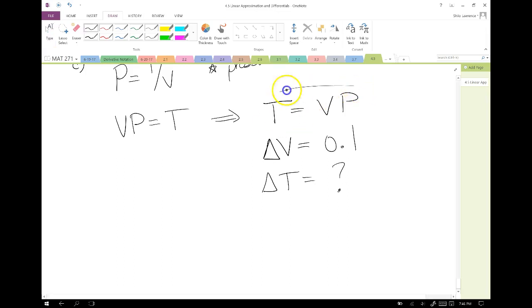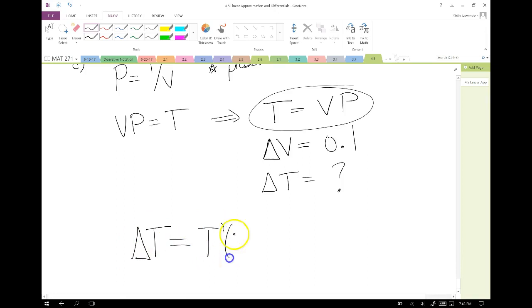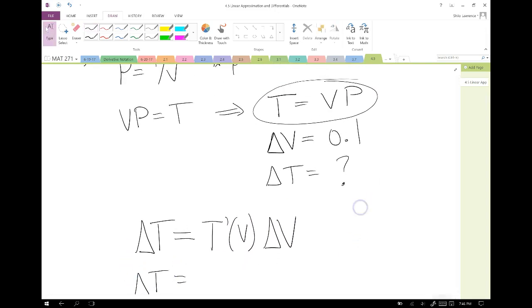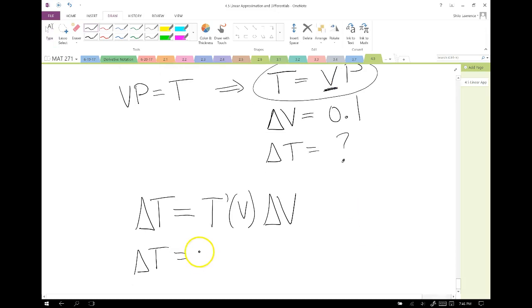So here is our formula. T is the output variable. V is the input variable. So delta T equals T prime of V times delta V. So delta T equals, well, the derivative of our T equation with respect to V. V is a linear variable, so its derivative is just going to be its coefficient, which is P, times delta V, which is 0.1.